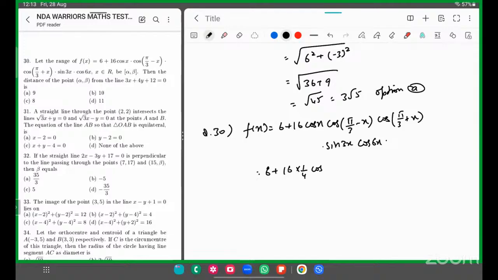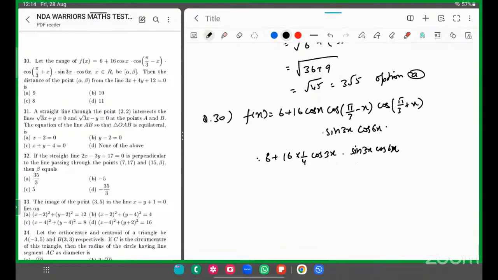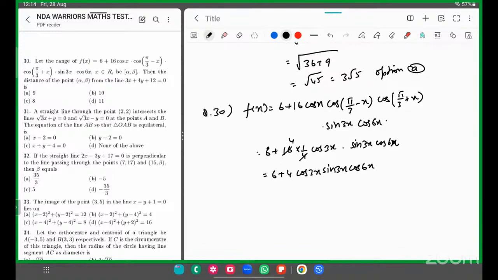Cos 3x into sin 3x into cos 6x. This 4 will get cancelled out, and you are going to get 6 plus 4 cos 3x sin 3x, and then cos 6x is again there.